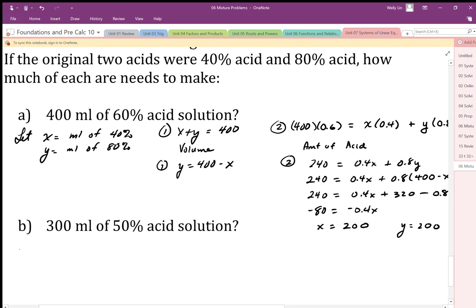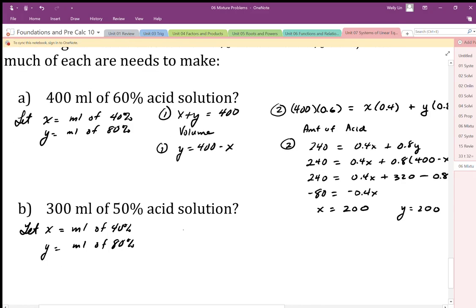We're going to let X be the volume of 40% solution and Y equal the volume of 80% solution. Then we come up with our equation: X plus Y equals 300.